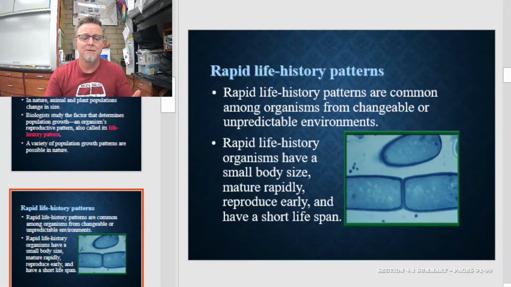The idea here is that, well, the only way you can survive all this environmental fluctuation is to reproduce faster than nature can kill you off. So in rapid life history patterns, organisms usually have small body sizes, they mature rapidly, reproduce early, and have a really short lifespan. Think about bacteria as a great case in point.